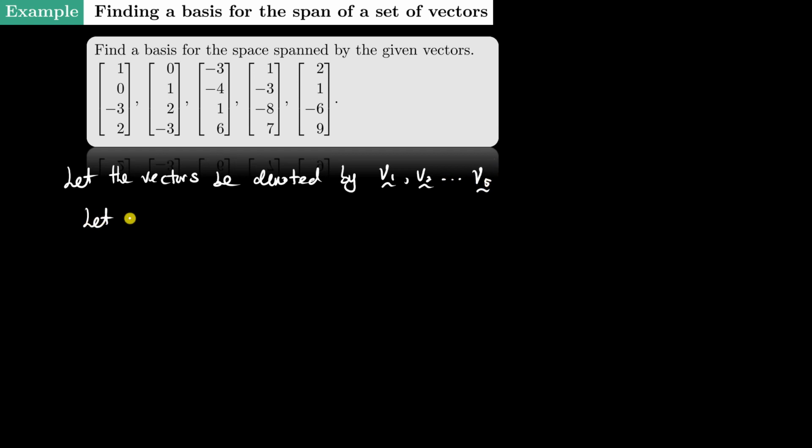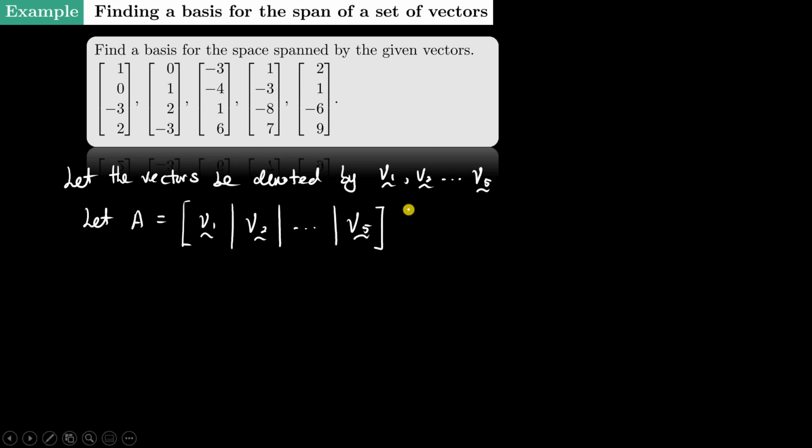And then we let the matrix A be formed from the 5 vectors and put them in the columns of the matrix. In other words, we form a matrix A whose columns are the vectors V1 to V5.